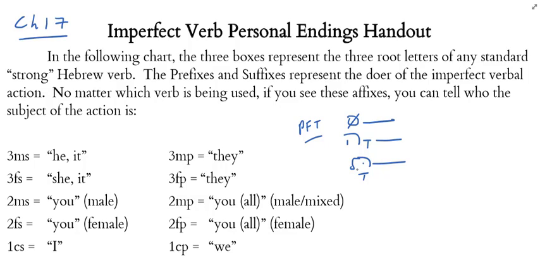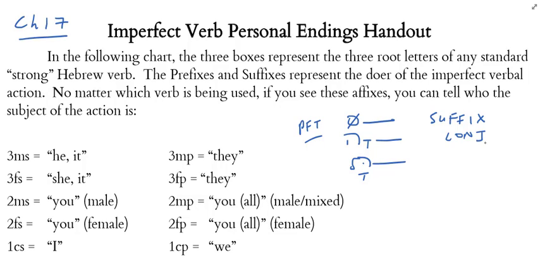Okay, the perfect conjugation, because it designates its subject by using and switching out these suffixes, is frequently referred to as the suffix conjugation. In the imperfect, we're dealing with the conjugation pattern that is going to mark the subject primarily by changing prefixes, not suffixes.